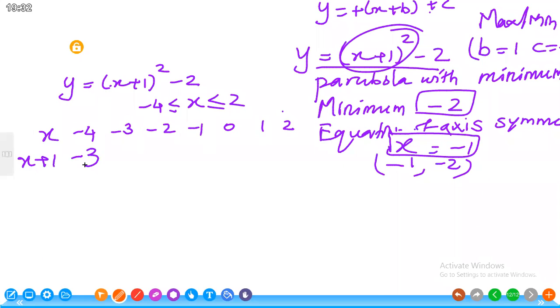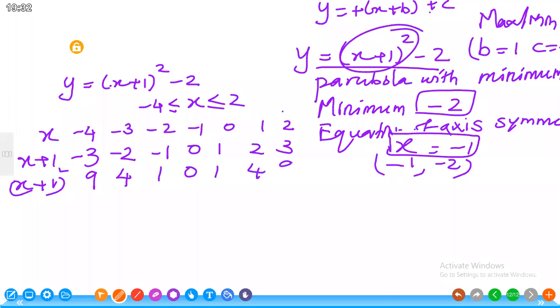When x is -3, x plus 1 is -2. When x is -2, substitute -2, so -1. Then 0, 1, 2, 3. Now square it: 9, 4, 1, 0, 1, 4, 9.